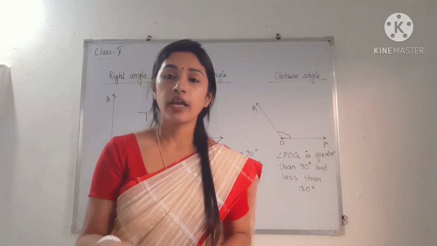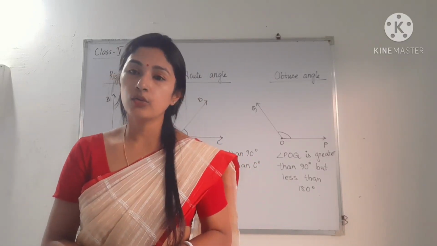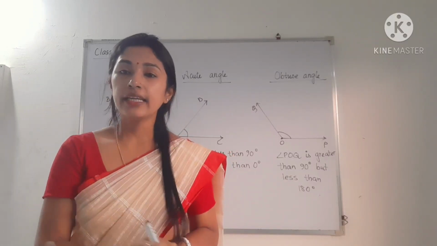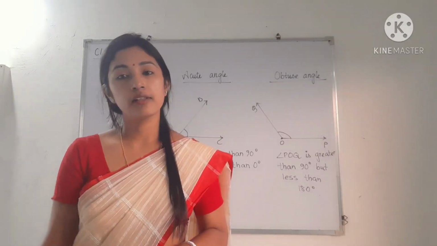Any angle between 0 degree and 90 degree is an acute angle. That means starting from 1 degree to 89 degree, all the angles are acute angles.